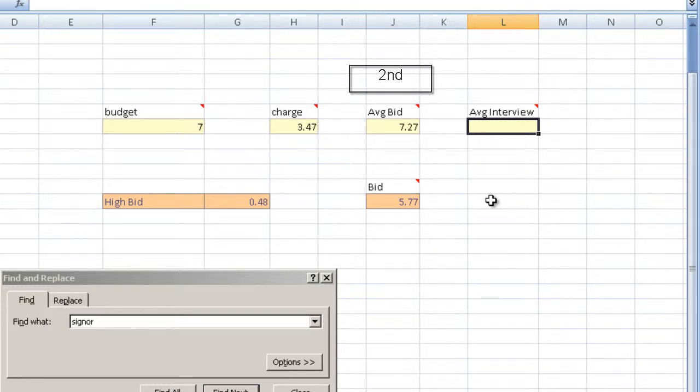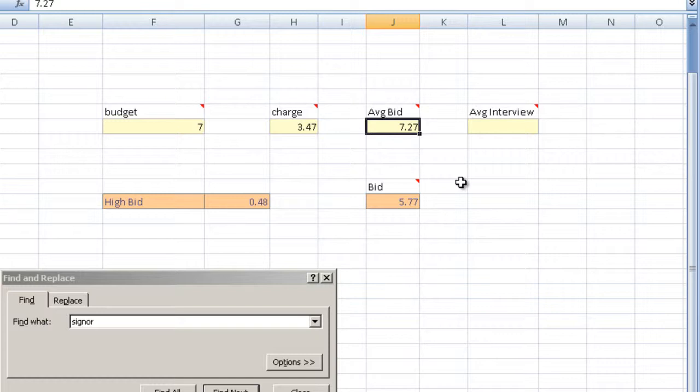If you don't have the interview information, then usually you'll go to the average bid, and that'll be a good indication. Based on what everybody else is bidding, the client wouldn't have much choice or much room to work with.